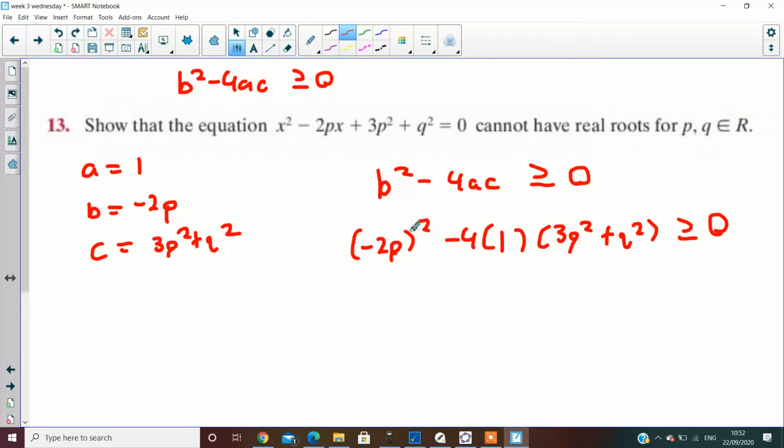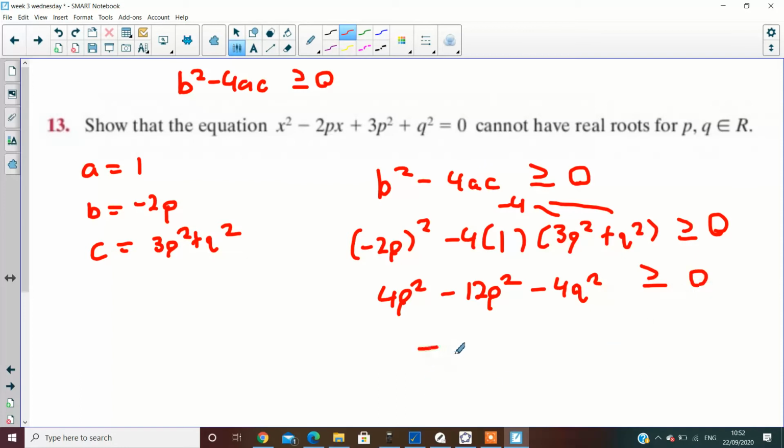Okay, what do you get here? Minus 2p by minus 2p? Minus 4 multiplied by 3p squared? And then finally minus 4 by q squared. Okay, but everybody agree it's minus 8p squared minus 4q squared.